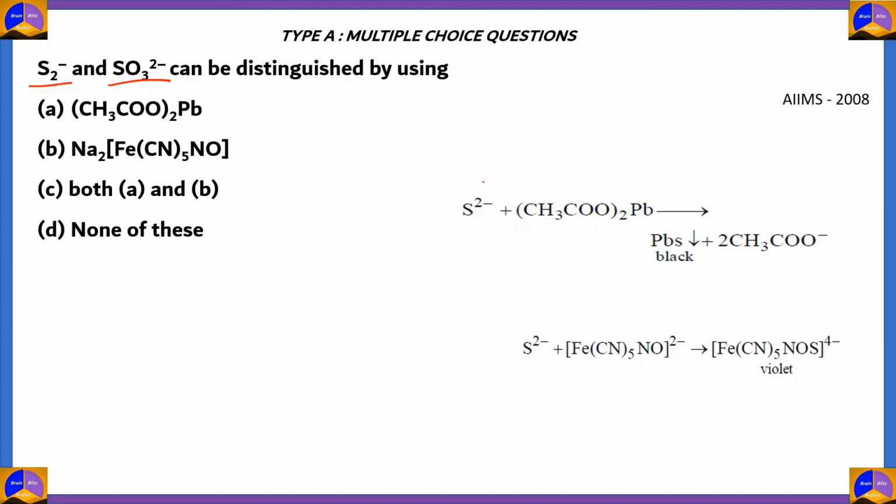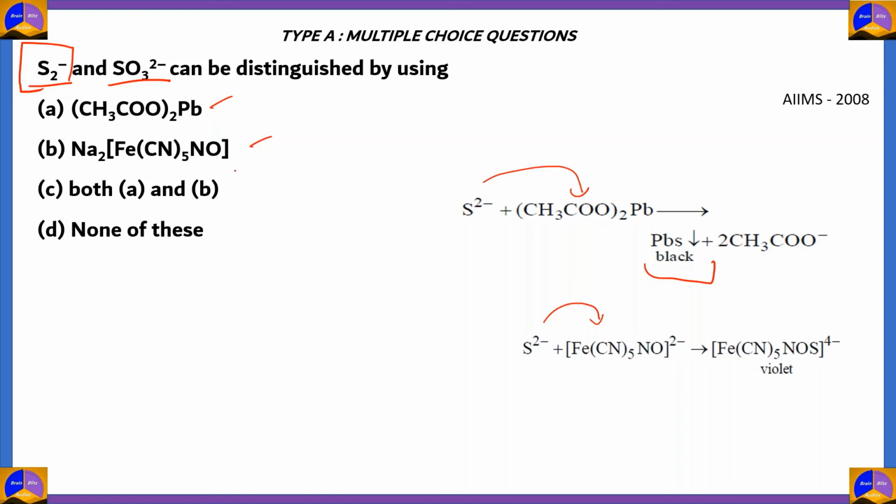S2- reacts with lead acetate and forms PbS, and PbS is black. S2- also reacts with [Fe(CN)5NO]2- to form [Fe(CN)5NOS]4-. So S2- reacts with both lead acetate and Na2[Fe(CN)5NO].